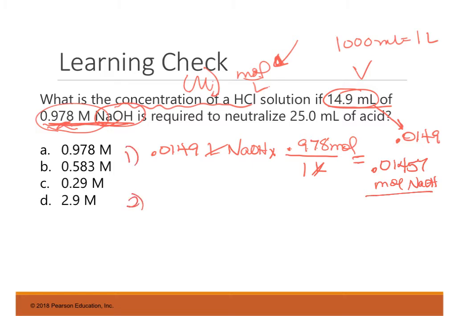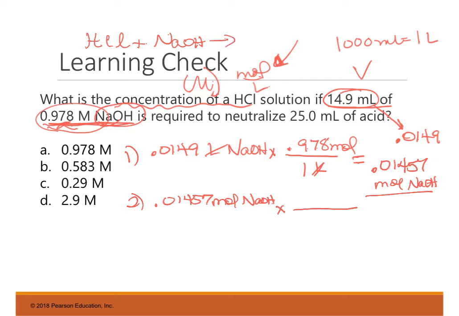Okay, so now I'm going to take that 0.01457 moles of sodium hydroxide. Now that it's in moles, I can use the mole ratio to convert it. I'm going to write the balanced reaction up here because you may not know how to write these reactions out yet, just in case. It's an acid-base reaction.